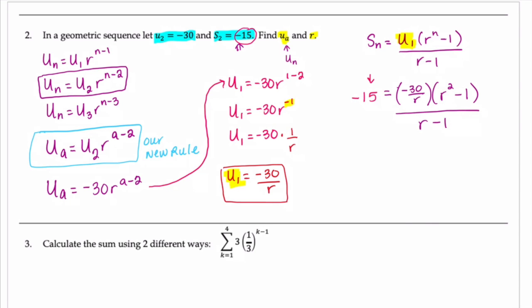And at this point, what we want to do is clean it up as much as possible so we can solve for r. So I'm going to cross multiply and distribute to try to clean this up. Okay, so this is as far as I can go. At this point, I know that I have a fraction, so I want to eliminate that fraction, which means that I'm going to multiply every single term by r.